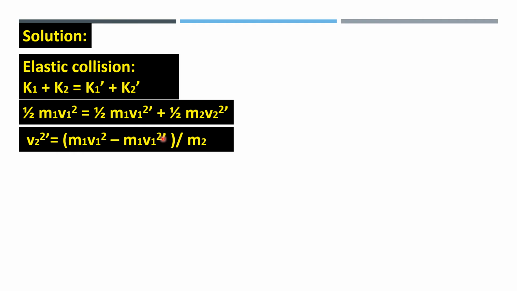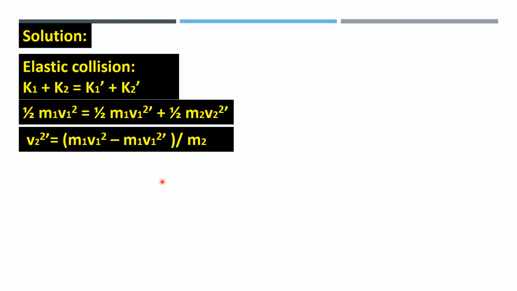In other words, we isolated from the original equation the term v2 squared prime because this is one of our unknown variables. So we'll be dividing by the mass of particle B.